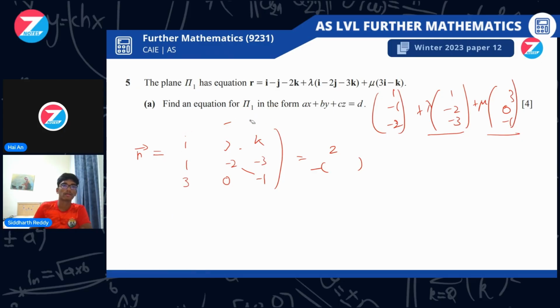So 1 into minus 1 minus 3 into 3, which is minus 1 plus 9, that's going to be 8. And finally, for k we got 1 into 0 minus 2 into 3, which is going to be 6. Right?